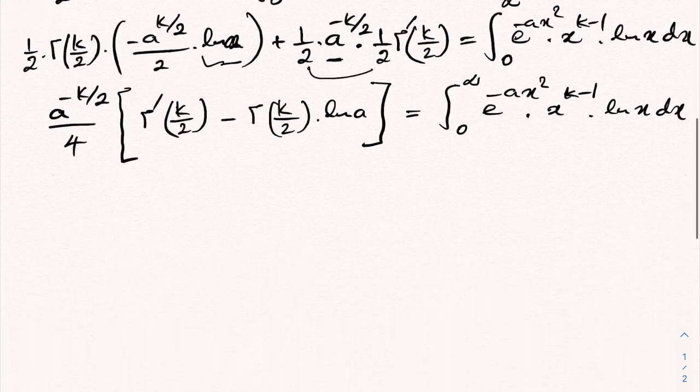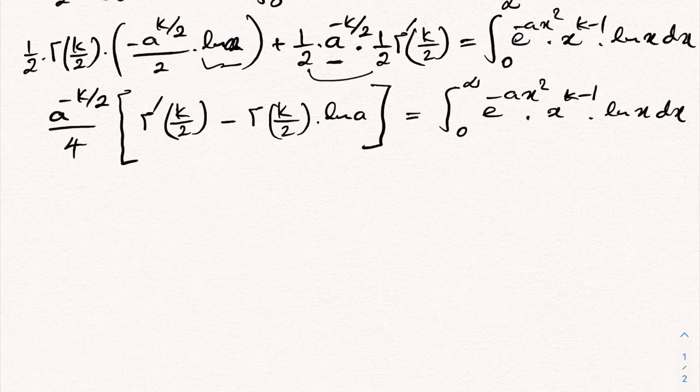Okay, then I'm going to take k equal to 1. So when k is equal to 1, we have a to the minus 1 half, so 1 over 4 times square root of a.